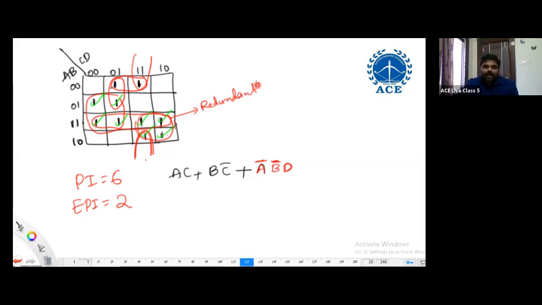Because this non-essential prime implicant is covering minterms which are covered by essentials only, confirming it is redundant. Remaining selective. This one selective. This one selective. This one is definitely redundant. Why? These 2 are covered by this essential. These 2 are covered by this essential. Then this quad is covering minterms which are covered by essentials only.